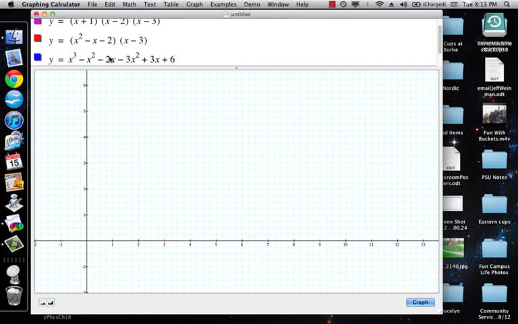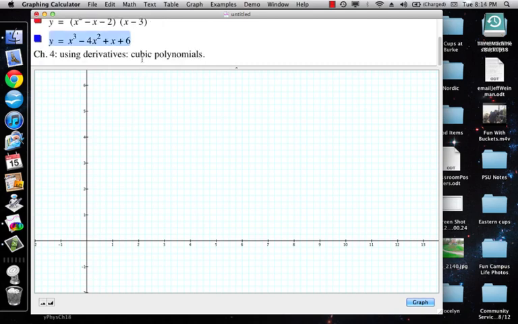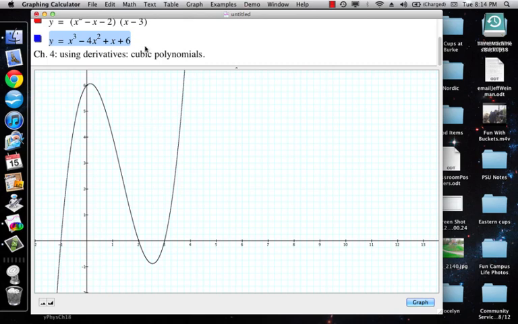And then I'm going to combine terms in there, so it's going to be x cubed minus 4x squared, take this term out, plus x plus 6. And I should get the same function. And I do get the same function.